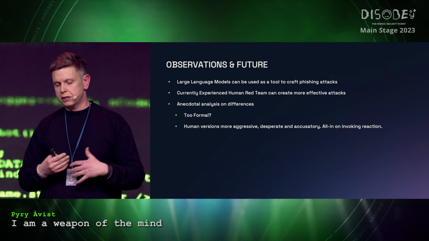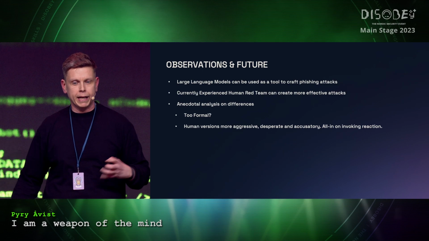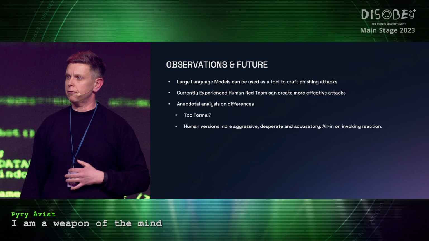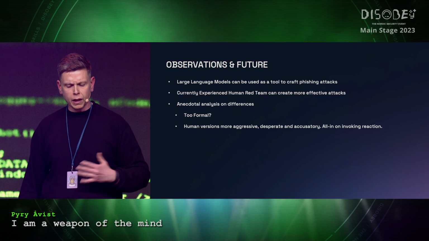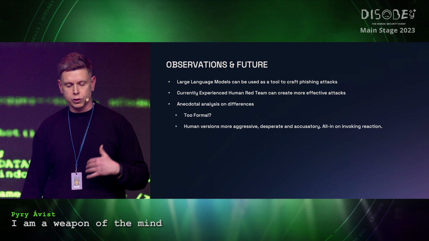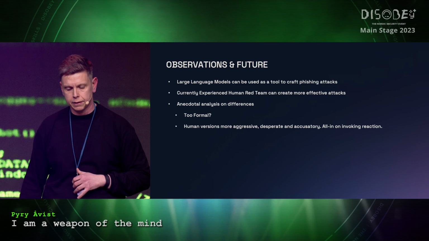But I think these two things are something you can easily overcome with proper prompt engineering and get the language model to be aggressive enough. And of course, it might be that some of these models will eventually be open source. So you can use the models yourself and train them to a specific task.